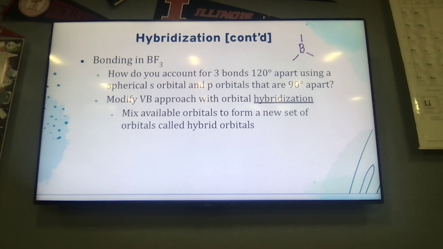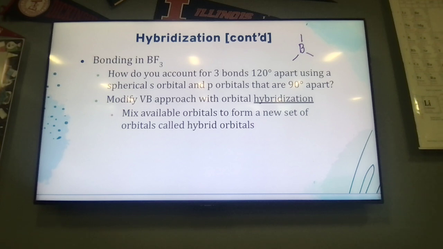There was a man, Linus Pauling, who modified our idea that half-filled orbitals overlap, with this idea called hybridization. What hybridization is: we take the orbitals we have, our s's and our p's, and we mix them to make new orbitals.